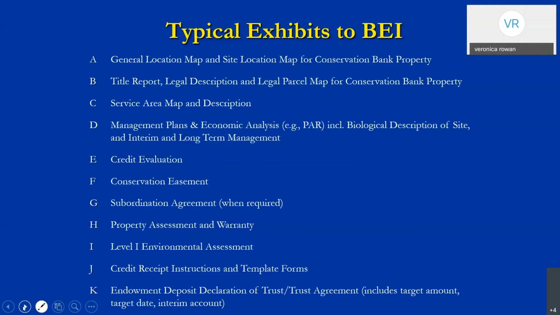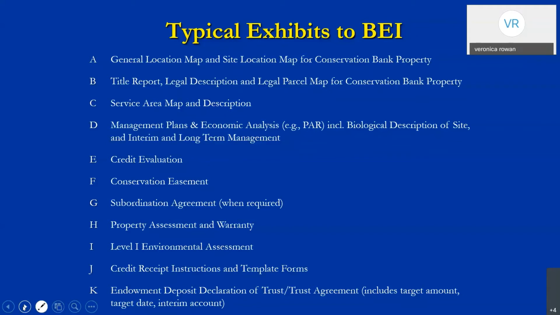and everything else is basically subordinated to that. It prevents folks from coming in. Say there's a mortgage on the property, and we like to have that mortgage subordinated to the conservation easement.